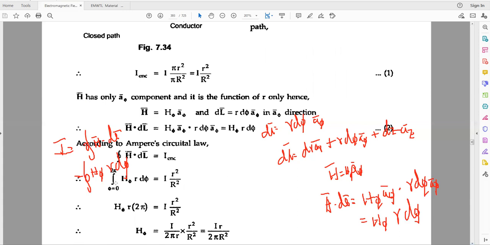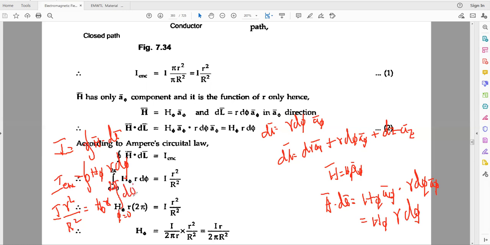Phi varies from 0 to 2 pi in the cylindrical coordinate system, r is 0 to infinity and z is minus infinity to infinity. What is I enclosed? We can substitute here: I enclosed is equal to I into small r square by capital R square, equal to H phi, and r is a constant, with the integral of d phi from 0 to 2 pi.